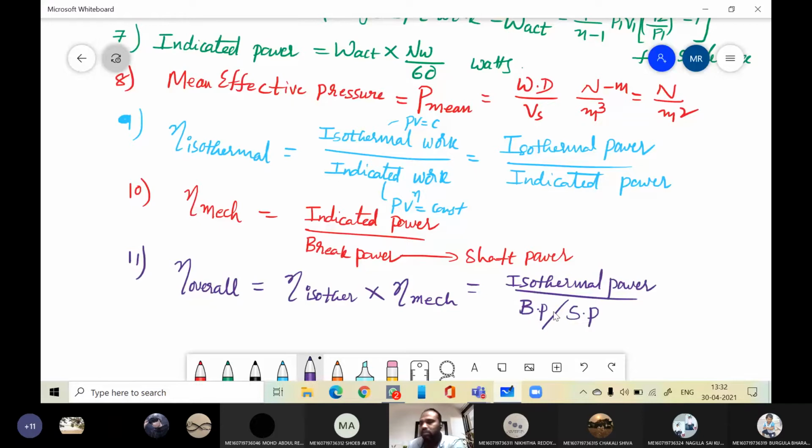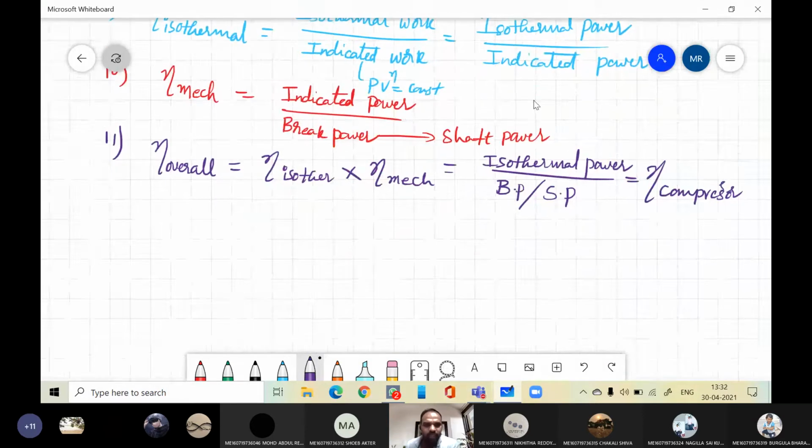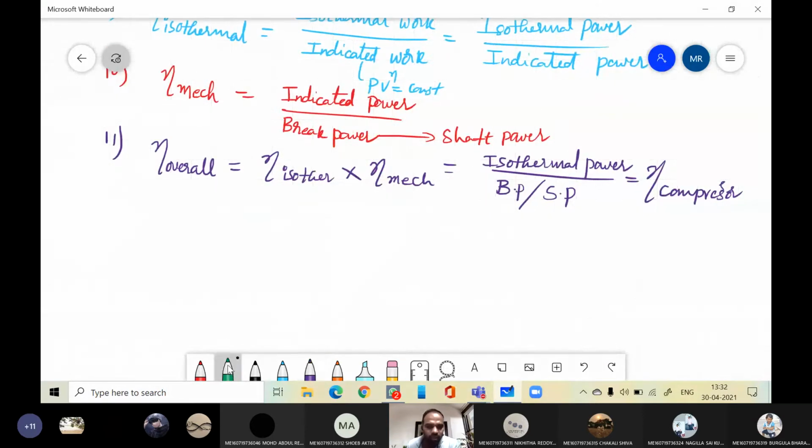This overall efficiency is also called the efficiency of the compressor. So this is about the single stage. Now we will go to the multi-stage, or two-stage. Work done during a two-stage air compressor.